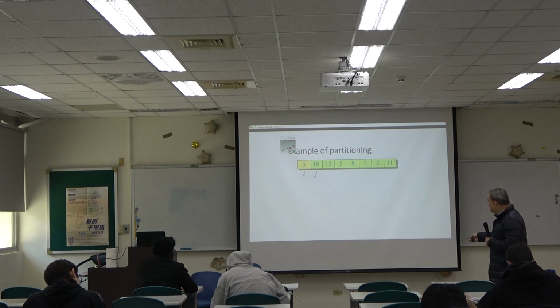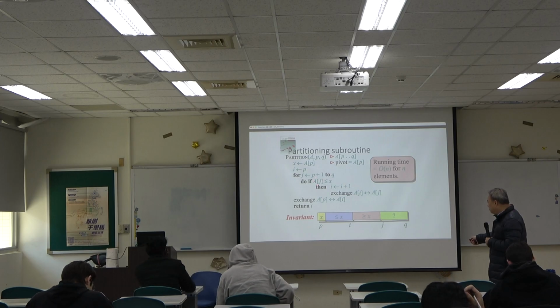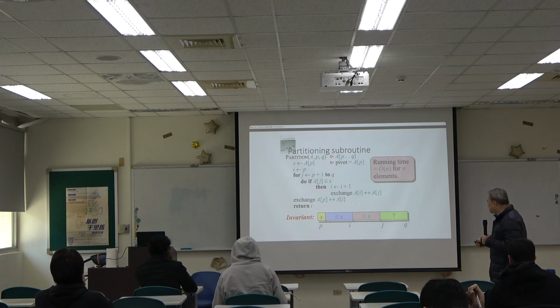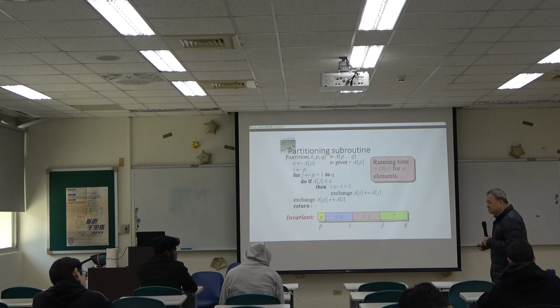The element pointed to by J is the first element that's not processed. We compare it with the pivot X. If it's smaller than the pivot, we need to do a swap. Otherwise, we just advance. Then we make sure the indices get taken care of.